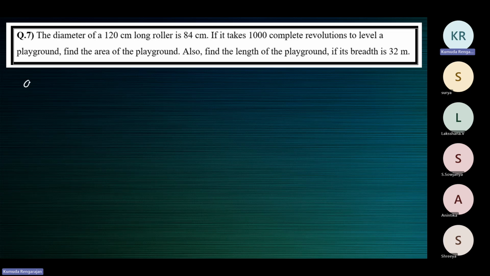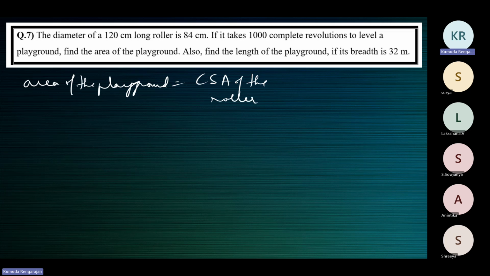So the area of the playground is equal to the CSA of the roller into the number of revolutions. Why CSA? Because only the curved surface area rolls over the ground.